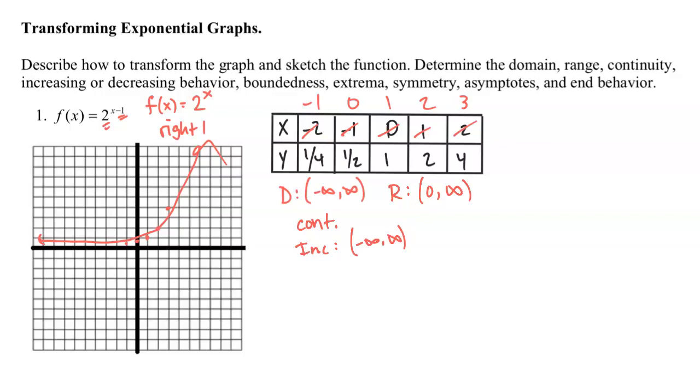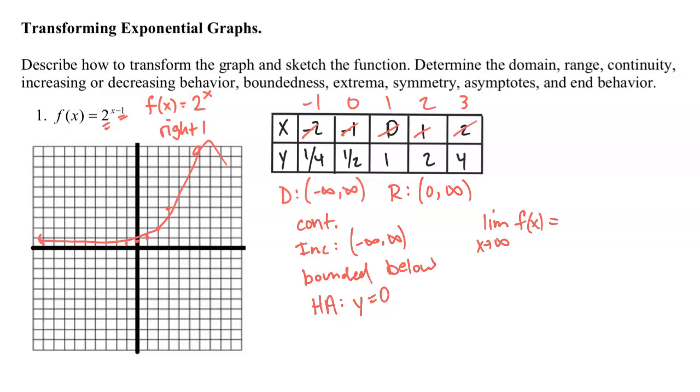This is bounded below, because you can see that I could draw a horizontal line below the graph, and so it's bounded below. Let me finish writing my word there. There is no extrema, there's no symmetry, there is an asymptote, this time a horizontal asymptote at y is equal to 0 in this particular case, and my end behavior is going to say the limit as x approaches infinity of f of x.